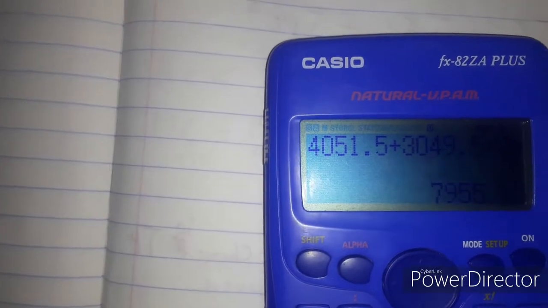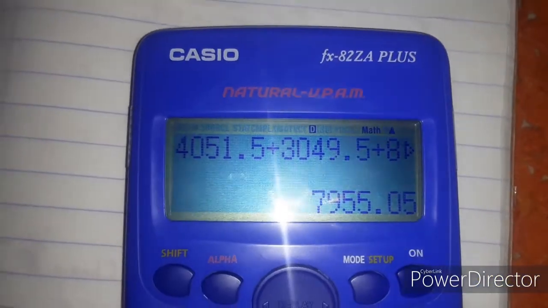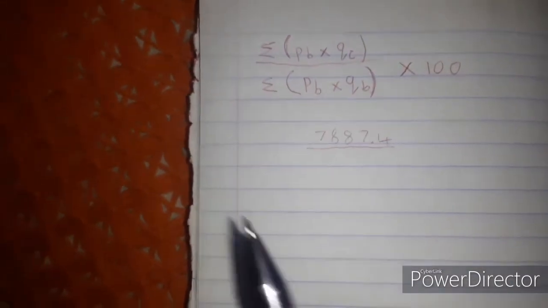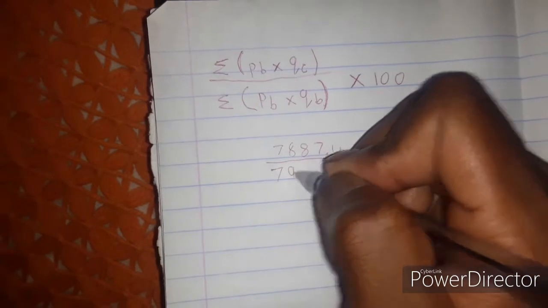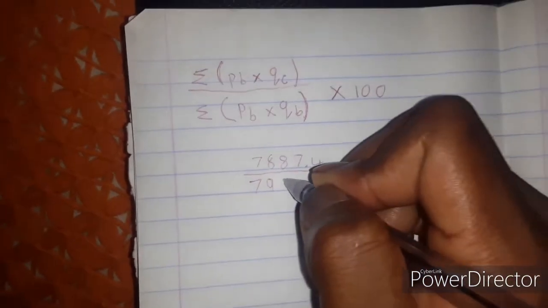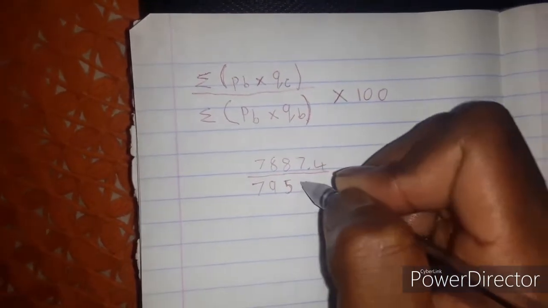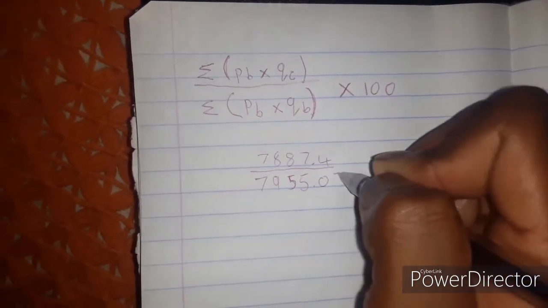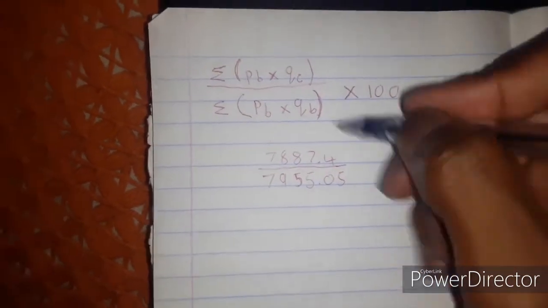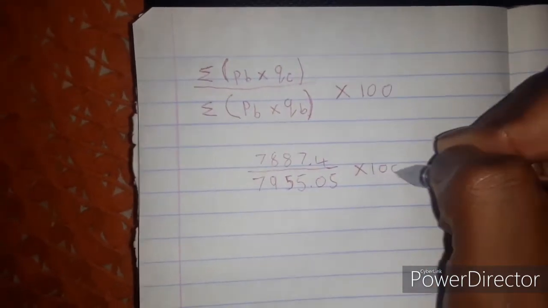Then the answer is 7,955.05. So this is the sum. It's 7,955.05 times 100.